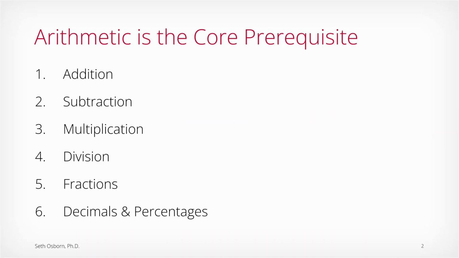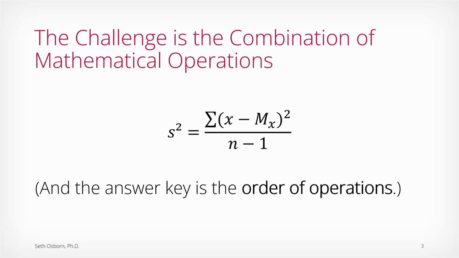This is the second video in my series on prepping for your first stats class in the social sciences. Last time I talked about how arithmetic, just basic addition, subtraction, multiplication, and division, is really the core that you need for your first stats class, especially at the undergrad level. But what's tricky is the way that we combine all of these operations into something like this.